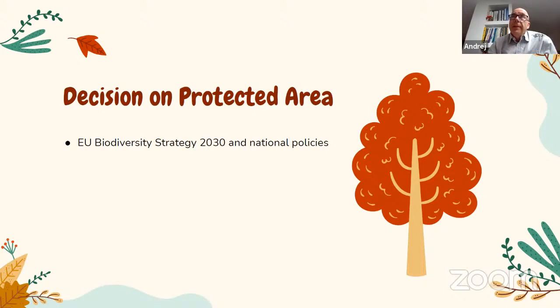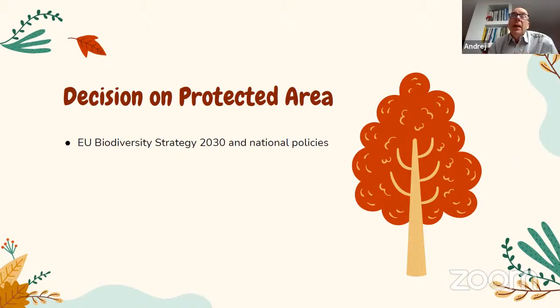In addition to that, the strategy is very advanced, because it is also setting targets for restoration. So not only management of what is still valuable, but the strategy recognized that the time has started to restore some of the degraded areas.